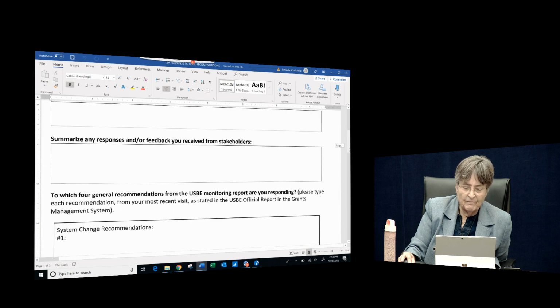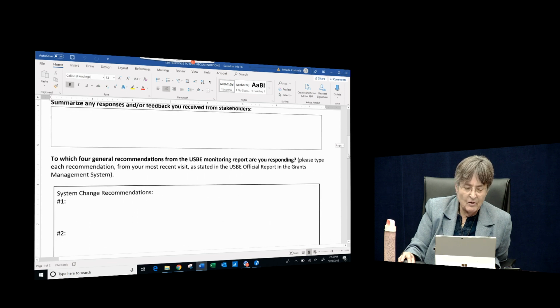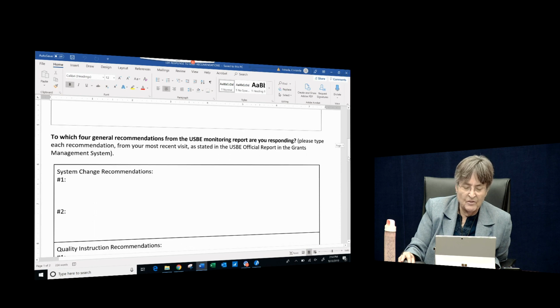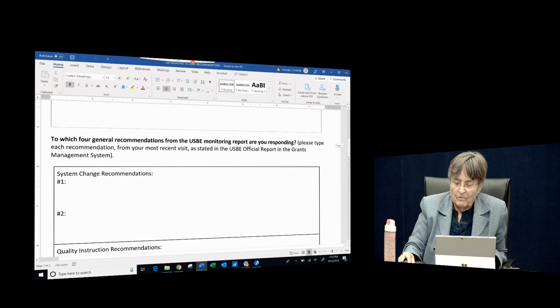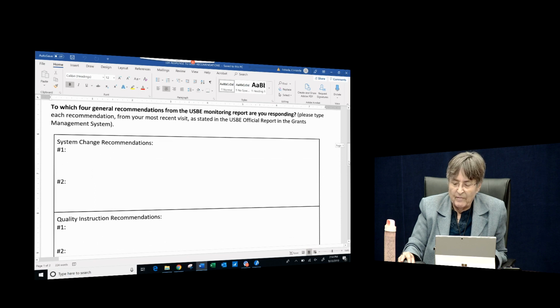And then, what responses did you receive from the stakeholders? Each LEA decides which recommendation they're going to respond to. We changed it when we saw it was too burdensome, to focus on systemic changes and then quality instruction changes.